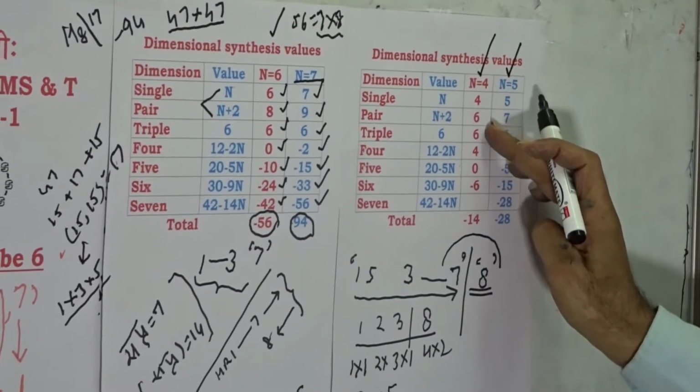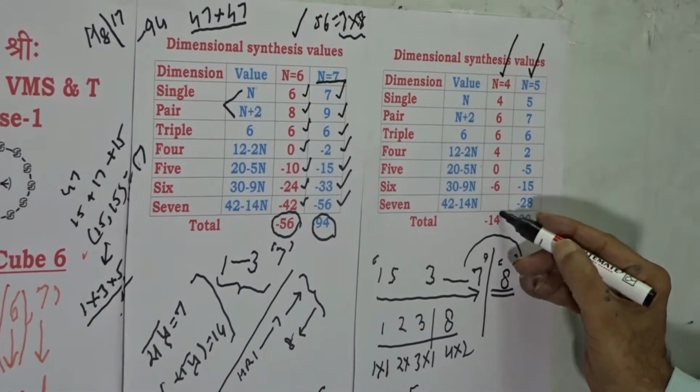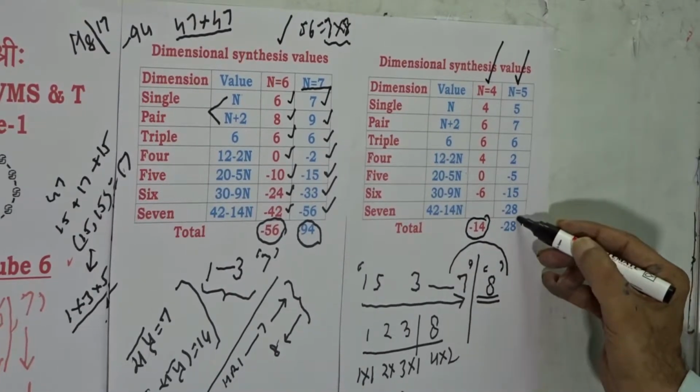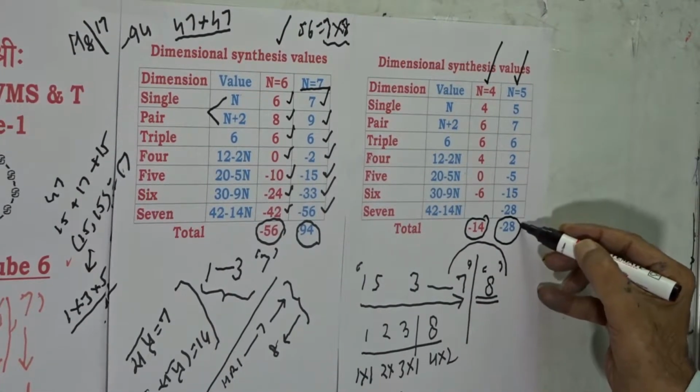See, n is equal to 4 is taking us to summation value minus 14, while n is equal to 5 takes us to minus 28. Beautiful.